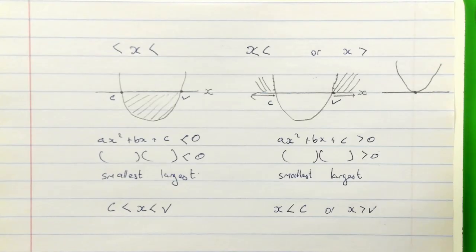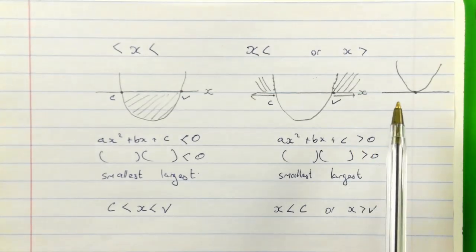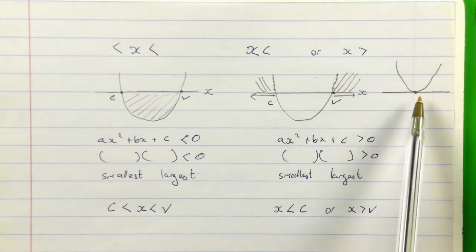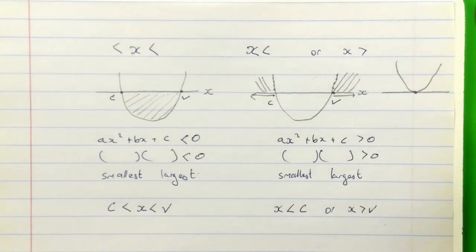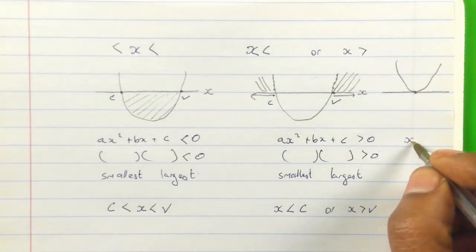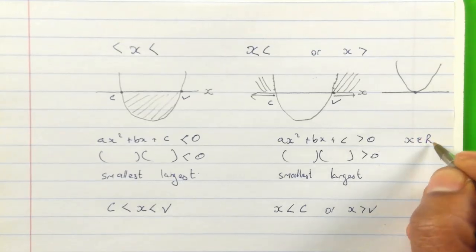So if they want solutions for a function to give us outputs that are positive, where is this happening? It's happening this side, it's also happening that side. So here you will have x is an element of all real numbers.